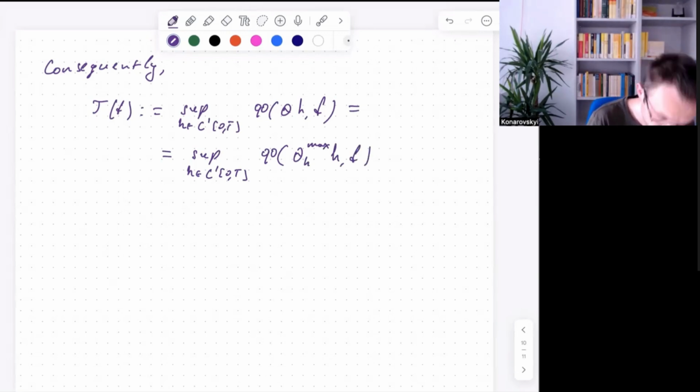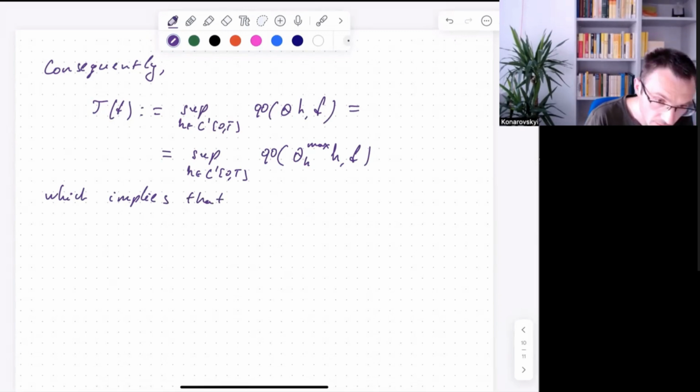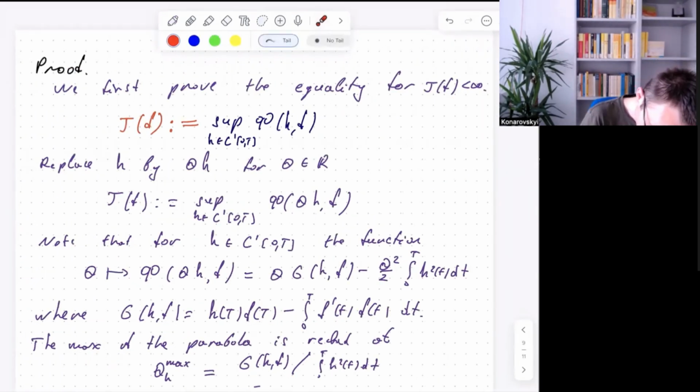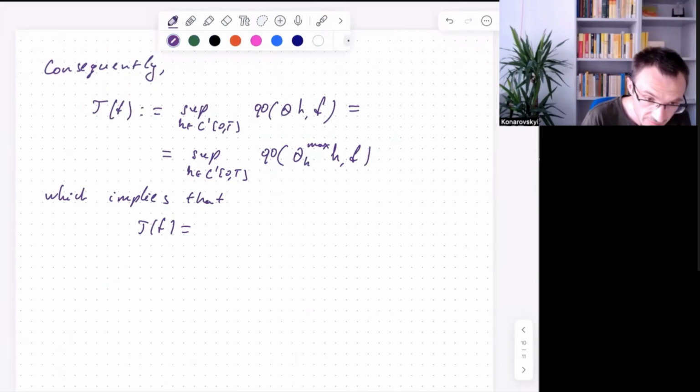which implies that J of f, it is when you take this object and put here the maximum point, you will see that it is 1 over 2.